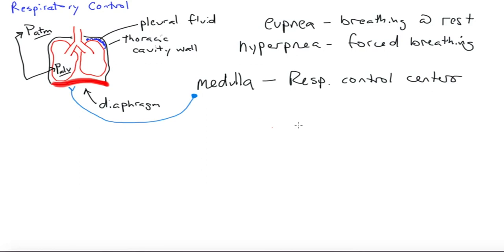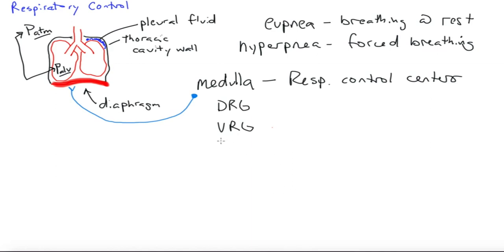Okay, there's not one respiratory control center, there's actually three, and they are the DRG, that stands for the dorsal respiratory group. There is one referred to as the VRG, which is the ventral respiratory group.